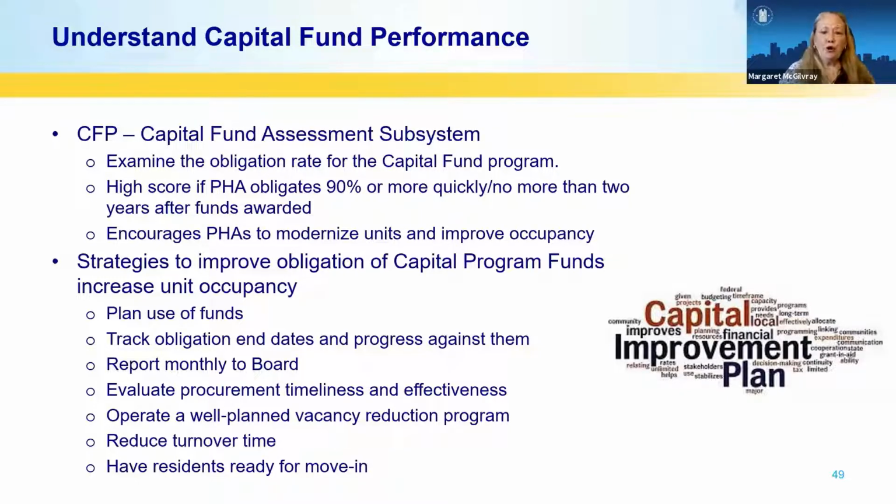To reach a high score, or the full 10 points, housing authorities should seek to obligate 90% or more of their funds as quickly as possible, and certainly no later than 2 years after the funds become available. And make sure that you are modernizing units as needed to maximize your overall occupancy. So that's the way the capital fund can impact that management assessment score as well.